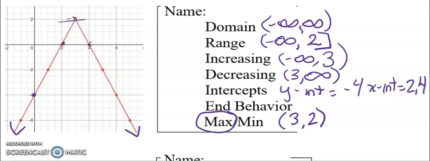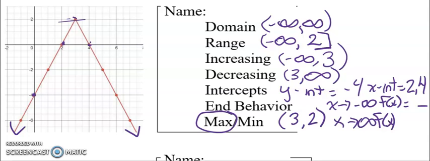Now let's talk about end behavior. Remember, as x approaches negative infinity, f of x is approaching what? And as x approaches positive infinity, f of x is approaching what? Let's look at where x is approaching negative infinity. X is going to the left on this side of the graph. While x is going left, y is going down.